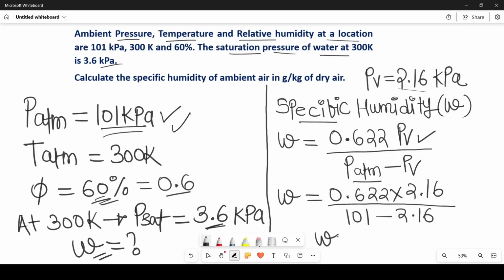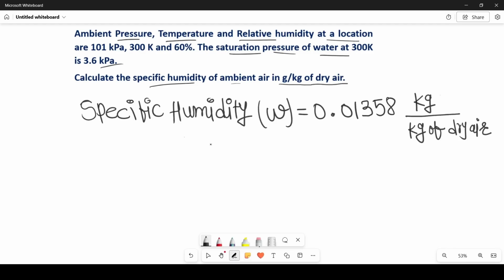So we will get specific humidity equal to 0.01358 kg per kg of dry air. So the calculated specific humidity is in kg per kg of dry air.